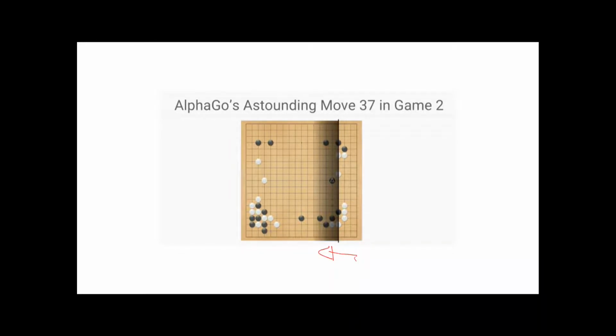And the audience was aghast. What an unconventional thing to do. But AlphaGo went ahead and won the game. So it's not a stupid algorithm, but in fact can come up with revolutionary new creative notions or ideas or thoughts as to what might be the appropriate strategy for winning.